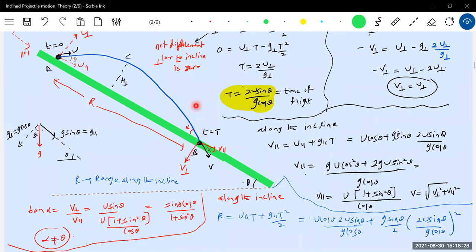If you rise up, we'll call altitude or height. So at what depth it will strike means it is asking this vertical distance. And once you know range, I think we can calculate that also. Okay, this distance is called a depth. Vertical separation between A and B is called a depth.